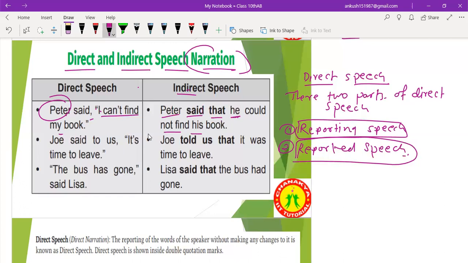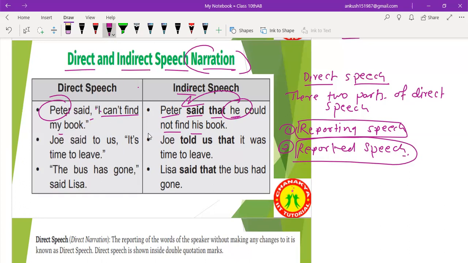Means I use the pronoun he for Peter, not for me. Peter's words I would tell in my own words, and that becomes indirect speech.